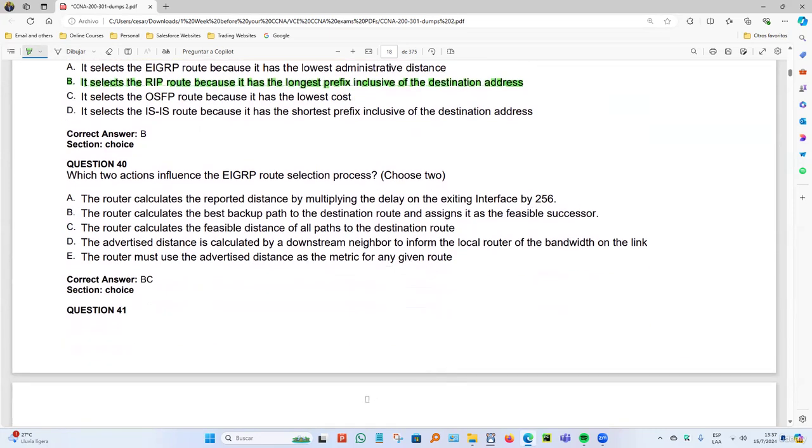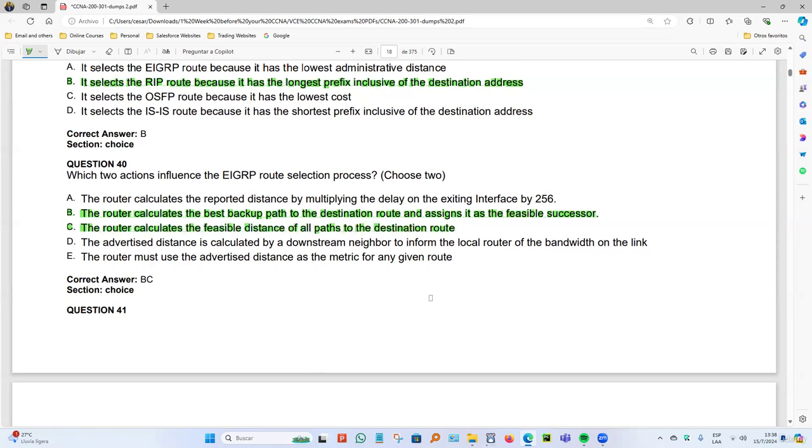Next one. Which two actions influence the EIGRP route selection process? So B and C, those are the answers. Let's select the B option, and the C option.